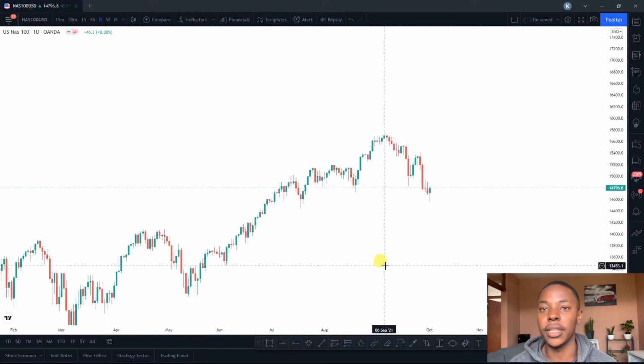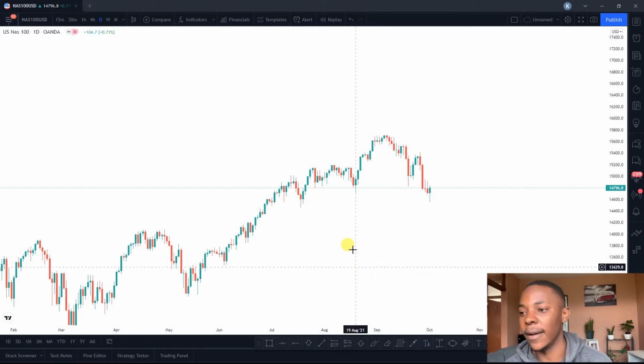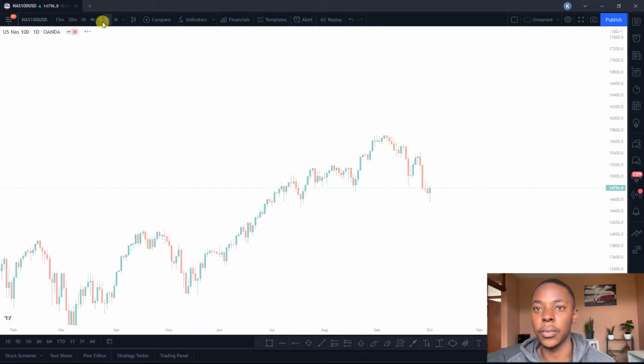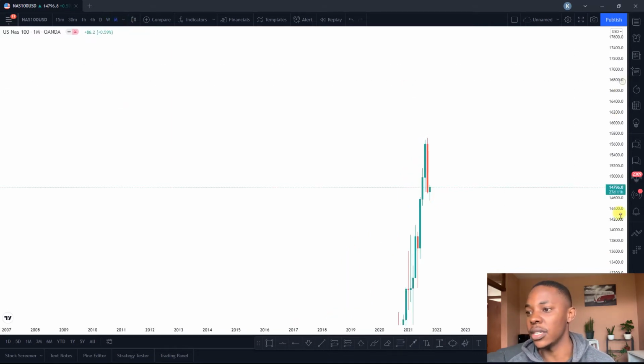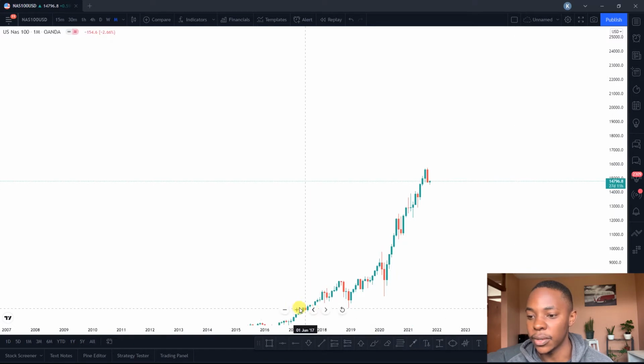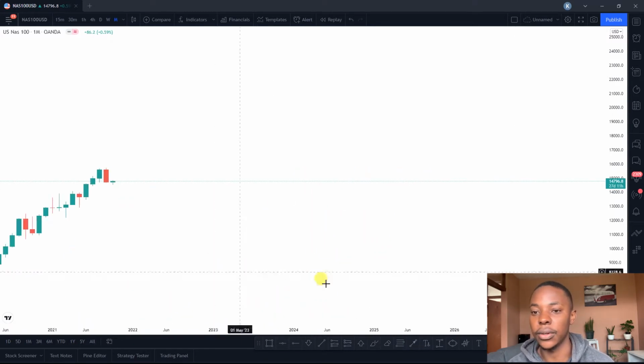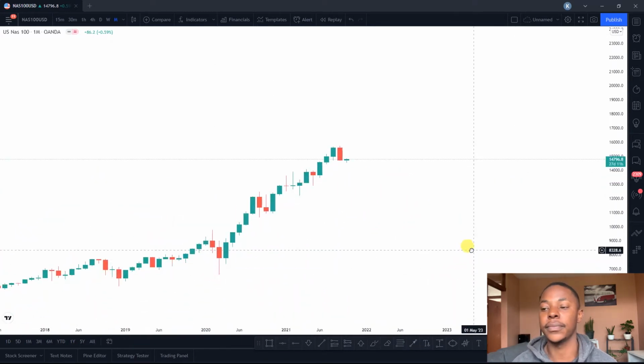As you can see now, I'm on the daily. Normally I go on the daily to check the overall trend, for the day or for the week. Depends on what type of trader you are. If you're a day trader, if you're a swing trader, then you're gonna have to go all the way to the monthly just to see how the market is going, so you can easily take trades, hold over the whole week, the whole 2 weeks, the whole month.